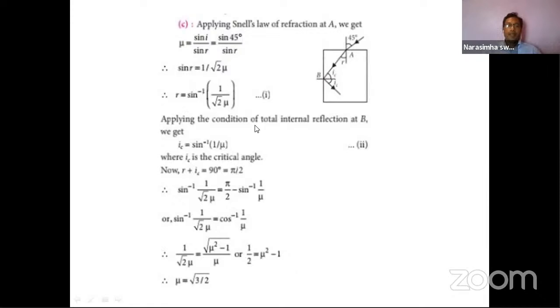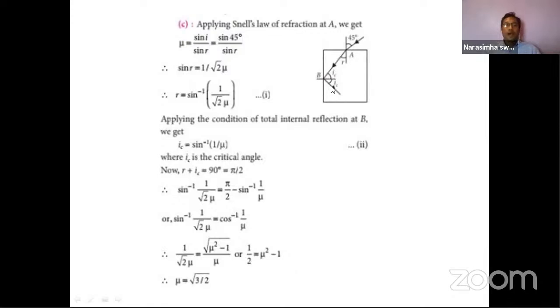Now applying the condition of total internal reflection at B. From the previous part we got the r value. Now we move to point B, the incident angle. Observe this: i_c is equal to sin inverse of 1 by mu, because it is the critical angle.